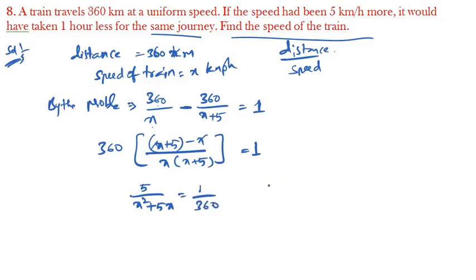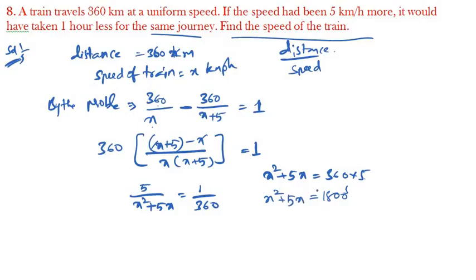Cross multiplication: x square plus 5x is equal to 360 into 5, which is 1800.